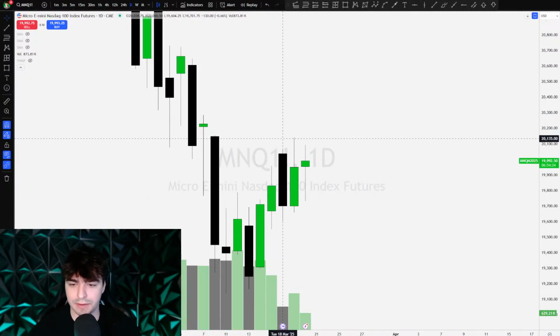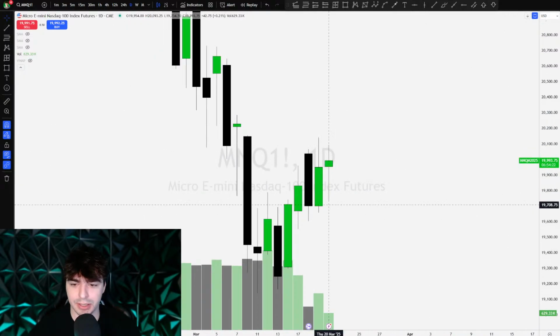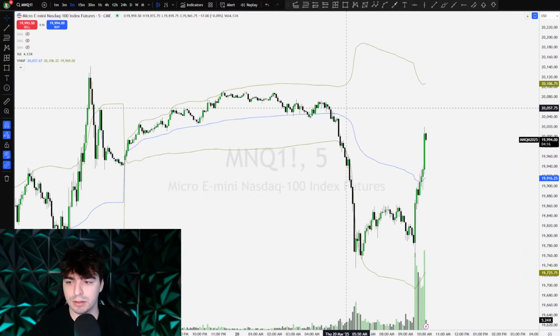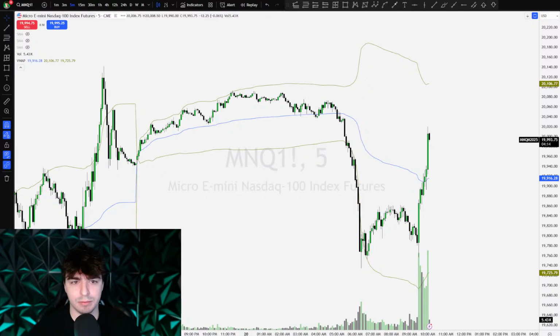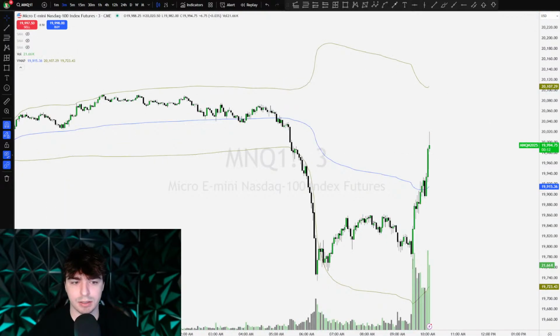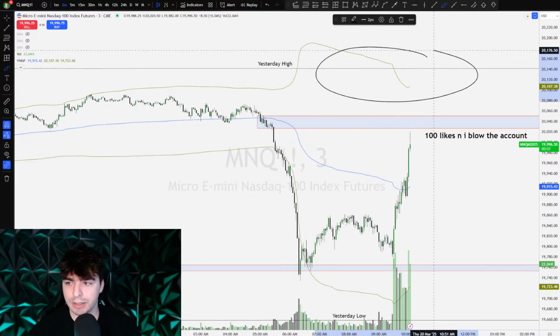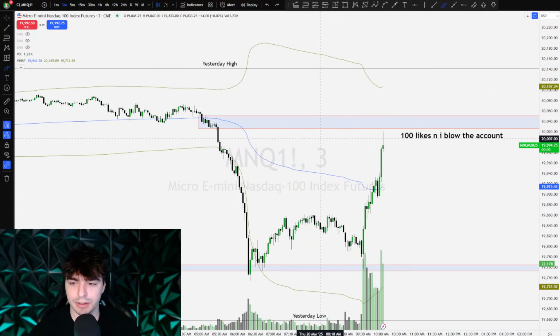So we have to think, which one are we more likely to take out right now? It's going to be yesterday's high. So keep that in mind. That's up at 20,140.